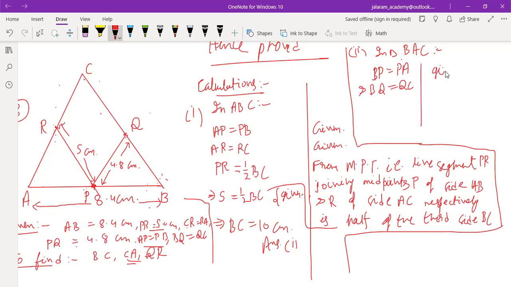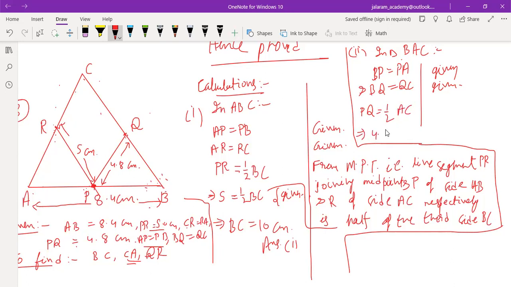Reason is given, and the third is the conclusion. And this is PQ: P is the midpoint of AB, Q is the midpoint of BC. So PQ is the line segment joining the midpoint P of side BA and midpoint Q of side BC of triangle BAC, so it will be half of the third side, half of AC.